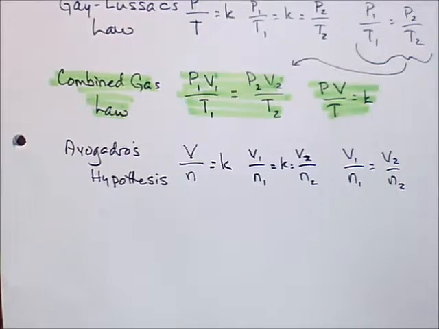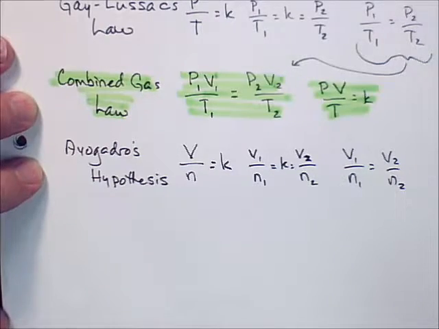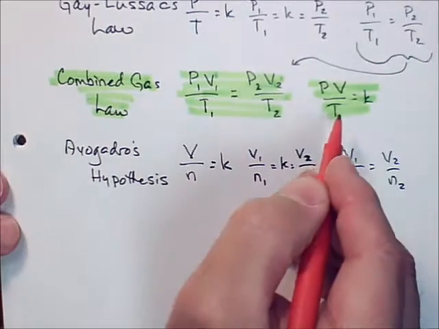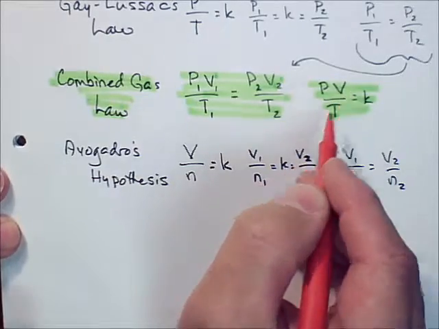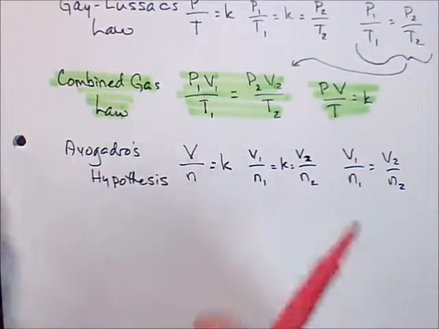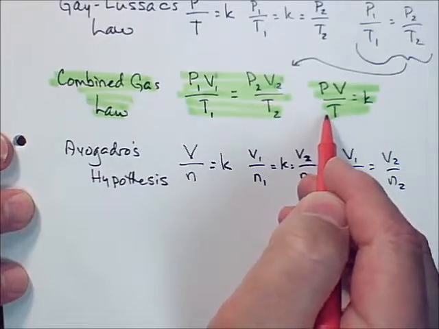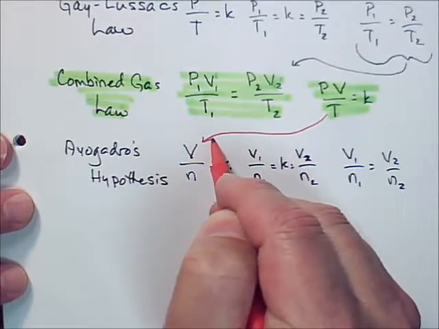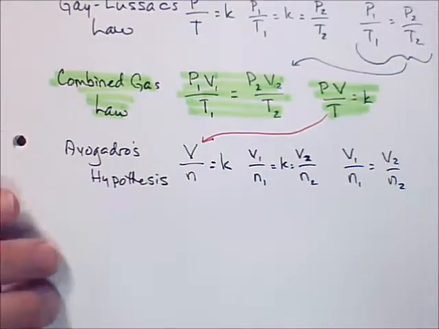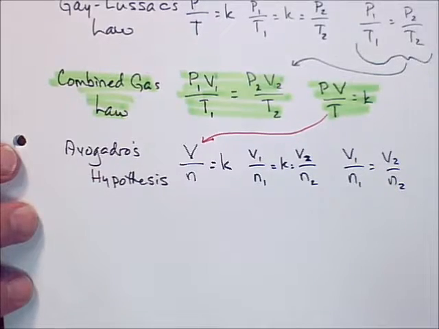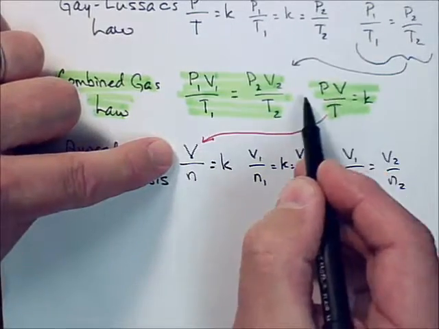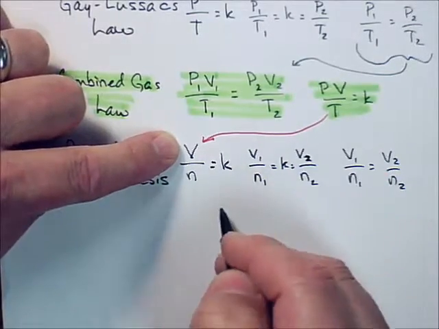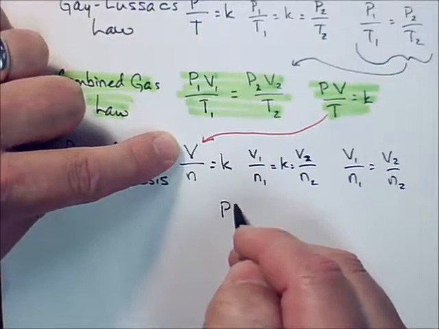But here's the reason I want to show you Avogadro's hypothesis. If I take this equality statement, this mathematical statement, and I put it together with this version of this statement, so I've got volume in both of these problems, so it's going to be pressure times volume.